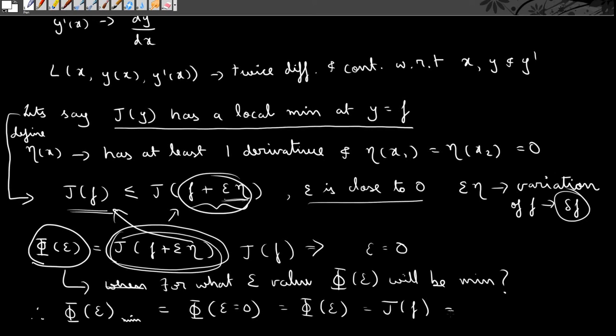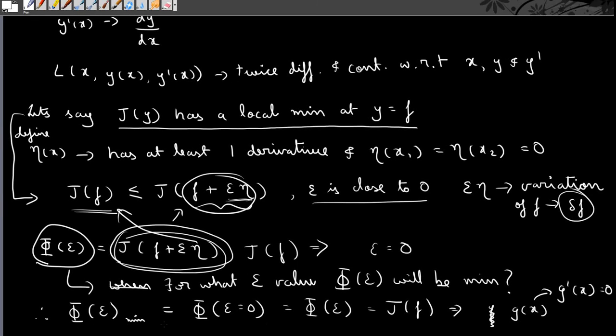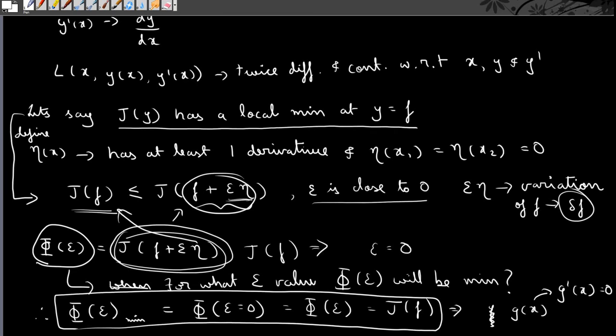So this implies, we know that for some function, I'm not going to use the same notation, some function g of x has a minimum when g dash of x equals 0. So this condition, what does this imply?